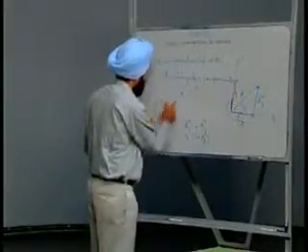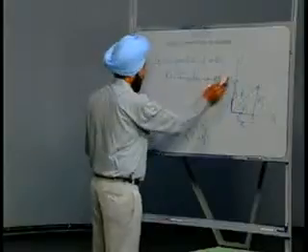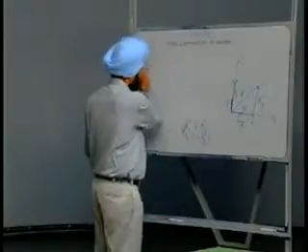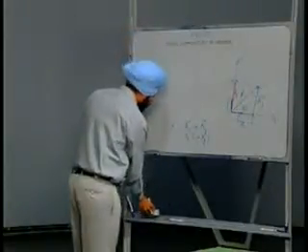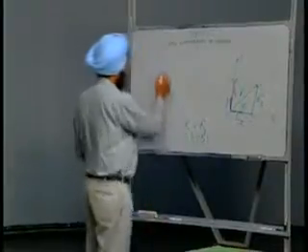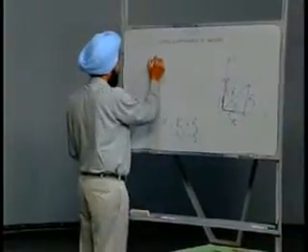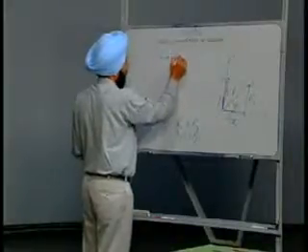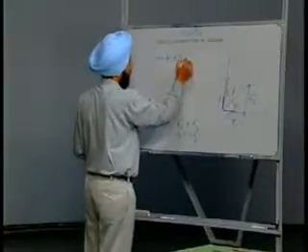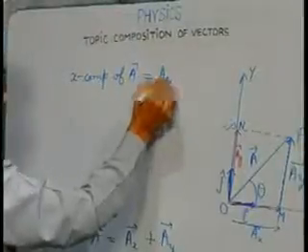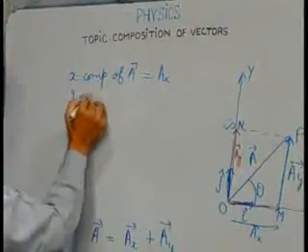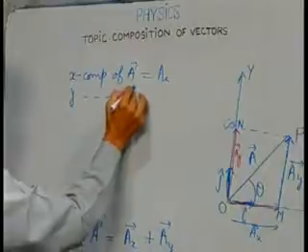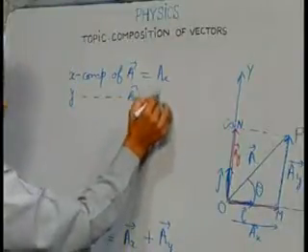So, now we have resolved A vector into two components. X component of A vector is AX, y component of A vector is AY.